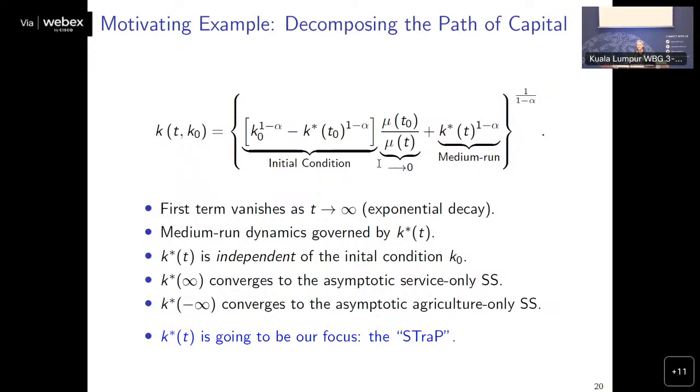The initial conditions are going to disappear. You have this second term, K star, which is really the strap. That's going to be a moving target that people are going to be following with the capital stock. In a balanced growth path, you'd get the exact same thing, except this would be constant. And what we let is this vary by time. And so we're going to call this the strap.